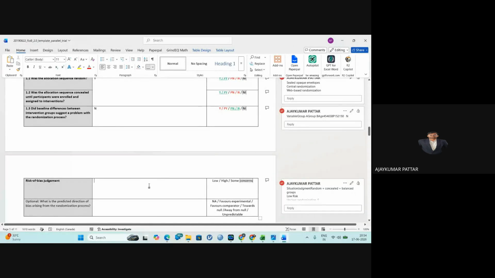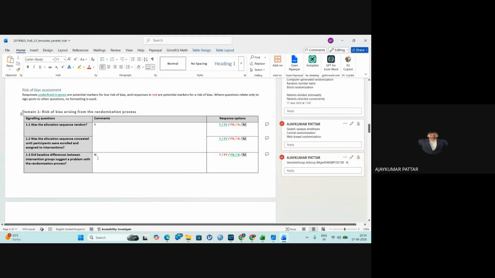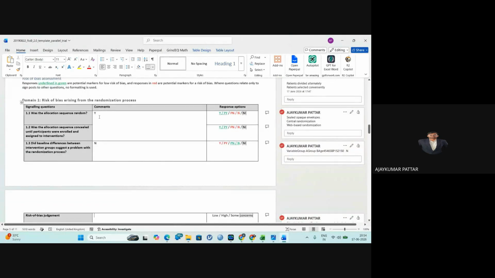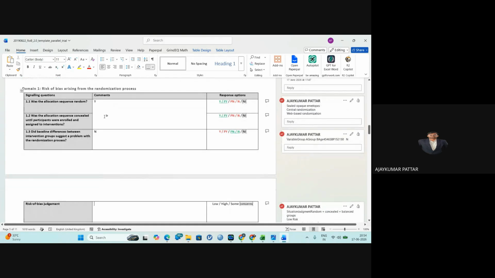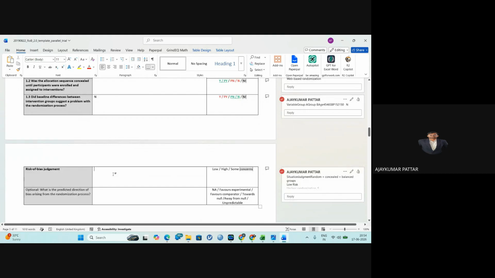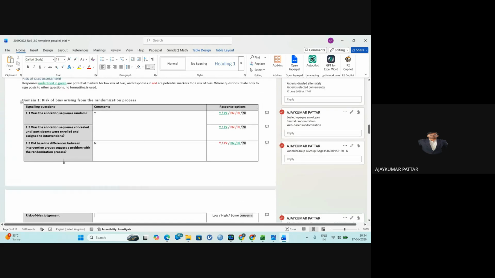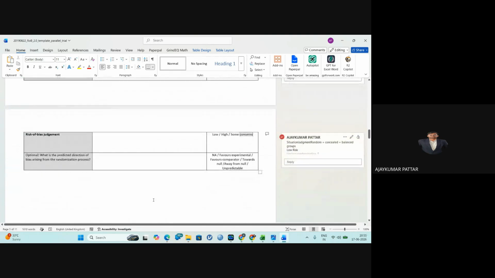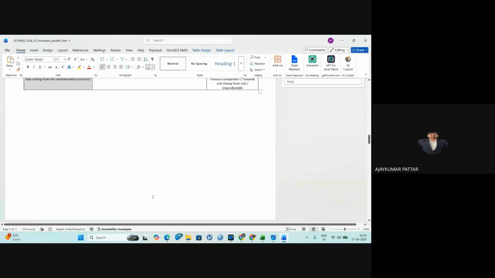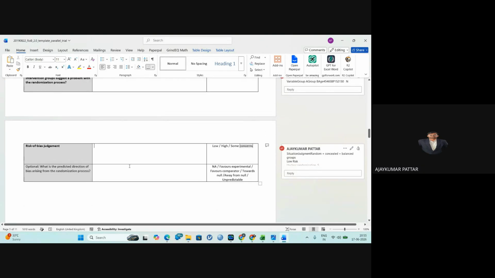Because both these questions come under low risk here. Y comes under the green color, low risk. N comes under the green color, low risk. Both low risk, if you combine, the final risk of bias judgment for domain 1 is low risk.